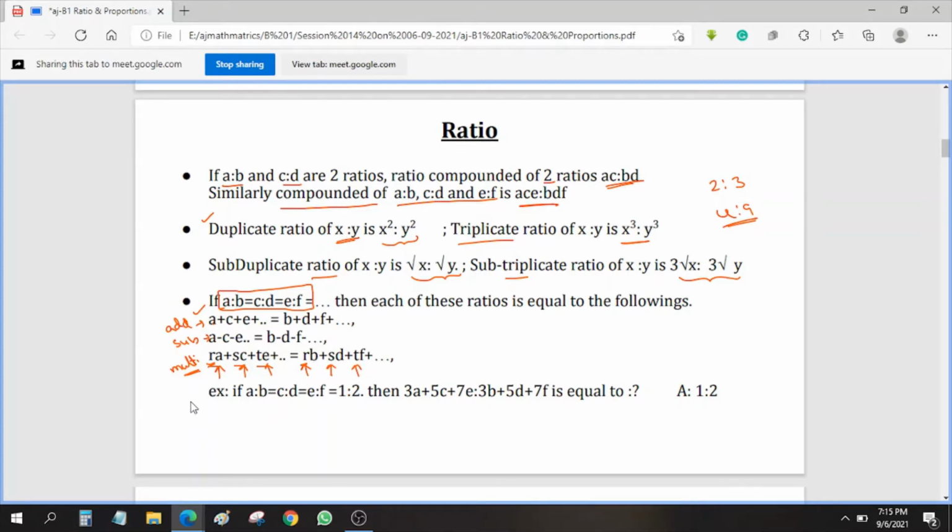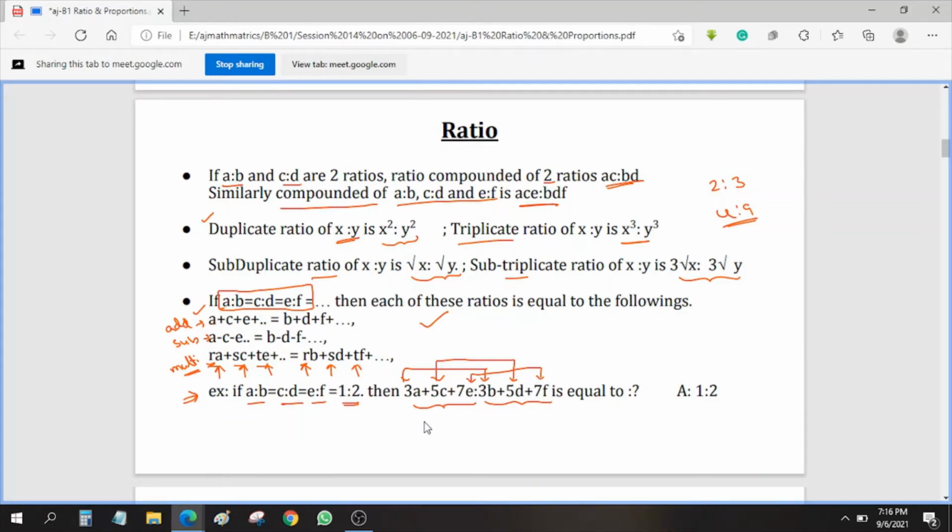You may get questions like this. If you know this pattern, then you can directly go with the answer. If A is to B, C is to D, E is to F are 1 is to 2, then 3A plus 5C plus 7E over 3B plus 5D plus 7F. A constant is multiplied with the first ratio, one more constant with the second ratio, and one more constant with the third ratio.